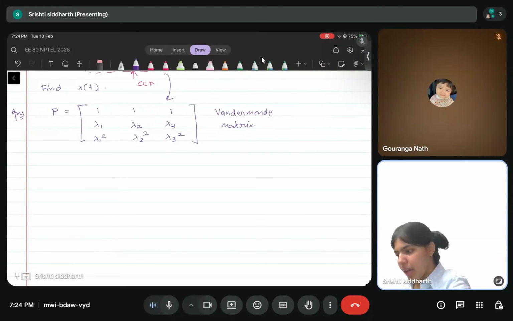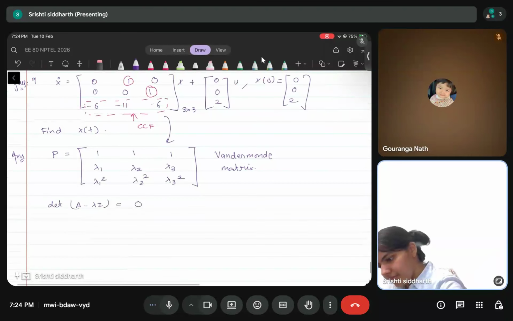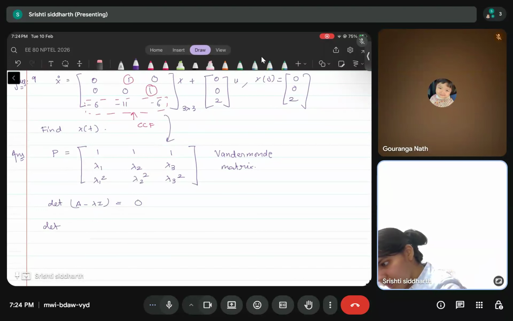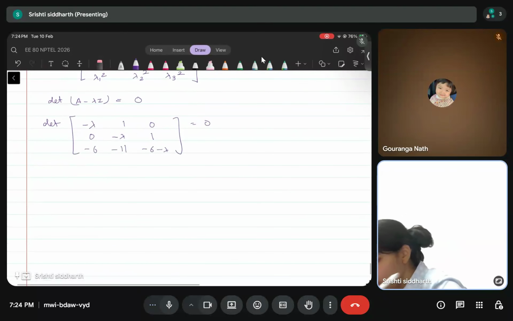So let's find the eigenvalues. This would be the determinant of A minus lambda I. This becomes minus lambda.